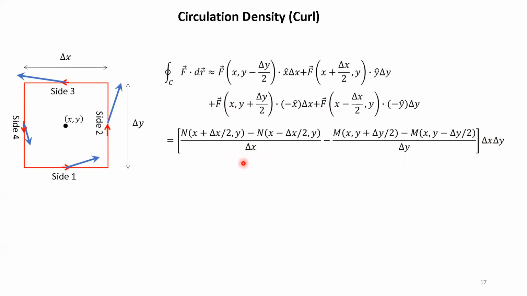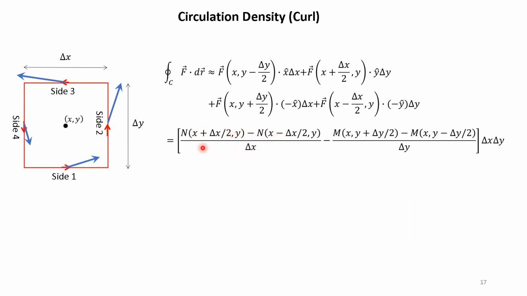I'm just regrouping terms. What you can see is that I'm regrouping the second and the 4th term over here, and then I'm grouping the 1st and the 3rd term over here. You can see that I divide this by delta x, and then I multiply by delta x. And here I divide by delta y and multiply by delta y. Now, if you just look at this term, this is exactly telling you the change of this function over a small distance delta x.